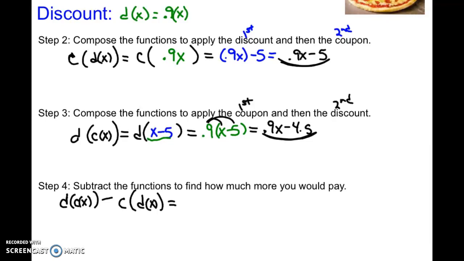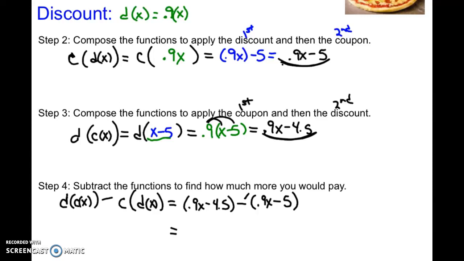So plugging in what we know, doing the coupon first, gives us 0.9x minus 4.5. Minus the top one, 0.9x minus 5.